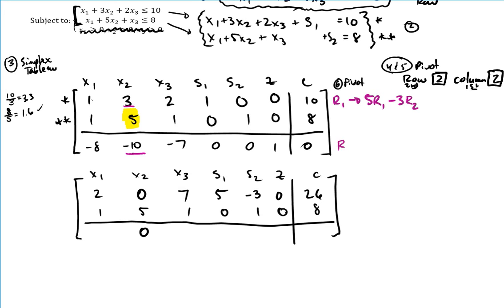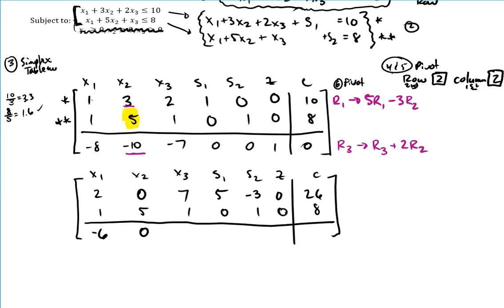Now let's do our third row. So we see it's negative 10 and 5 that are in common. Those are good. Okay, so let's do row 3 plus 2 of those row 2s. That should do it. Going through it, we've got row 3 here is negative 8 plus 2 would be negative 6. Negative 10 plus 10 is 0.